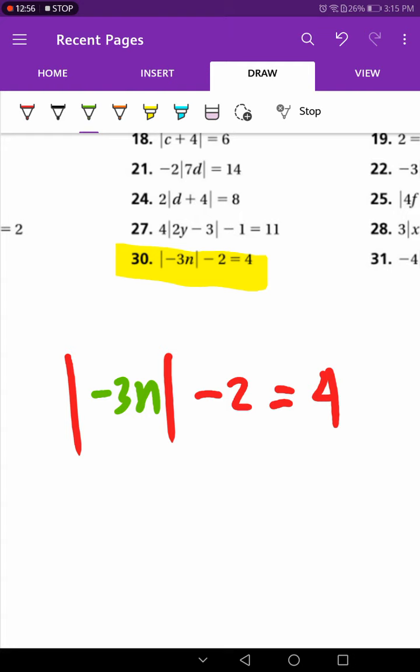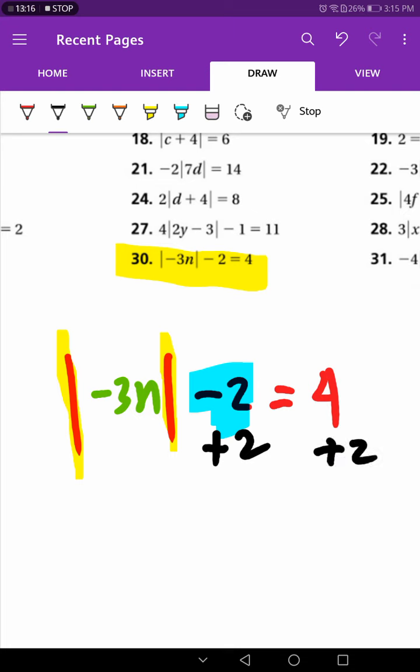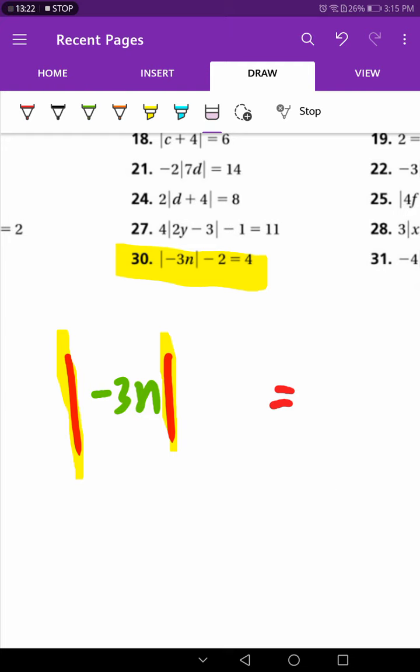So the first step, I need to make the n alone, but the n is locked inside this. I have to eliminate everything around it by doing this. Plus 2 here and plus 2 here. So here is eliminated, and 4 plus 2 equals 6.